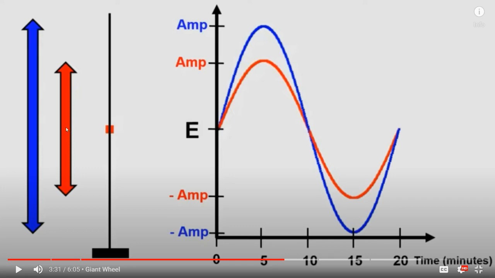If you look at the red one in the first 5 minutes, this is how far up the red one goes. In that same 5 minutes, this is how far up the blue one goes.